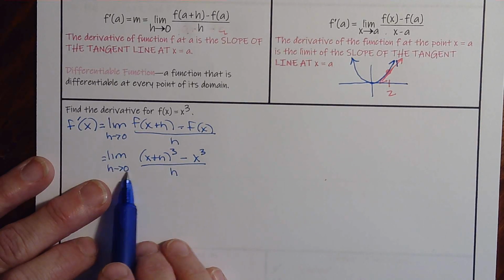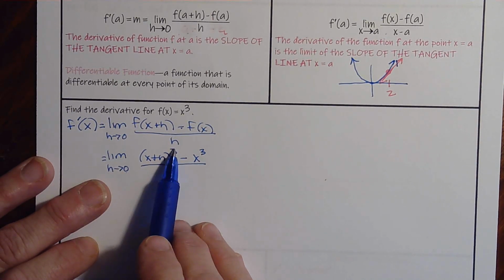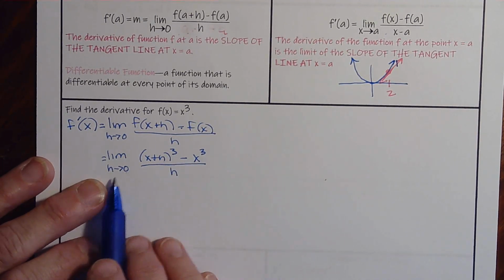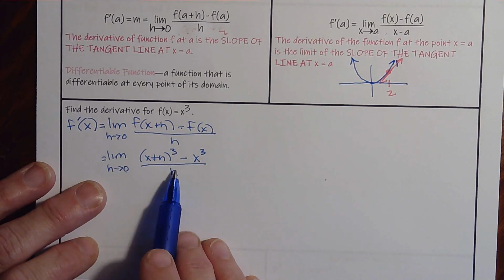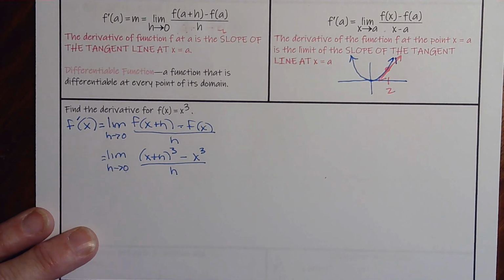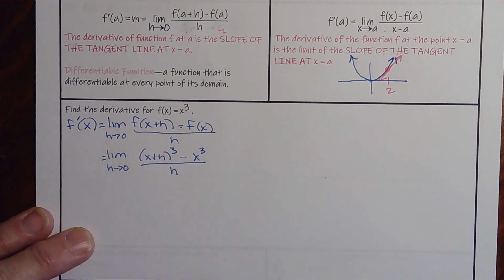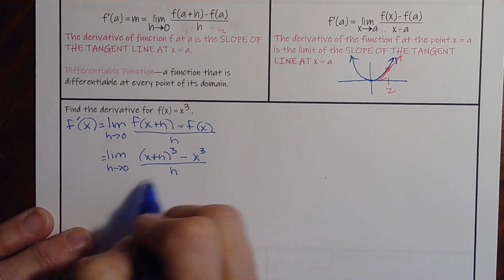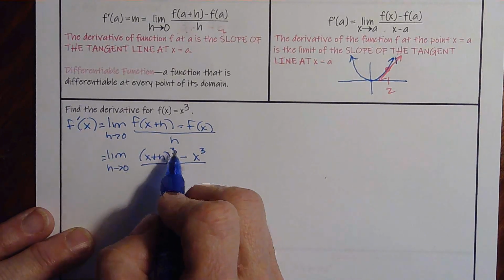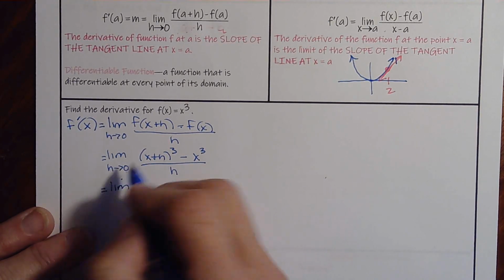Well, if you look at this, when I substitute 0 for h, I get x to the third minus x to the third, which is 0, and then 0 in the denominator, so that gives me 0 over 0, which means do more work. I'm always going to remind you about limits and what it is you're trying to do. So I'm going to go ahead and expand x plus h to the third. I'm going to put what that expansion is.